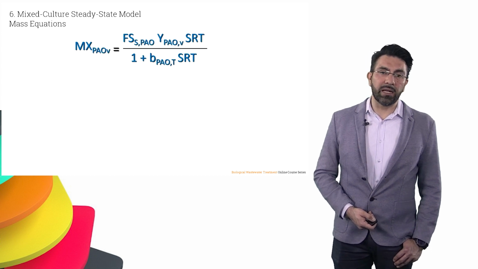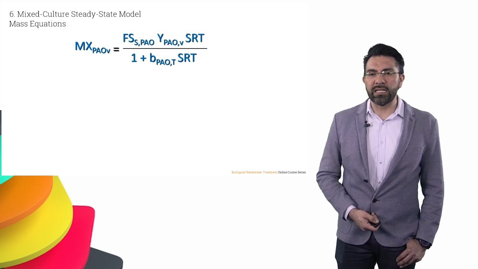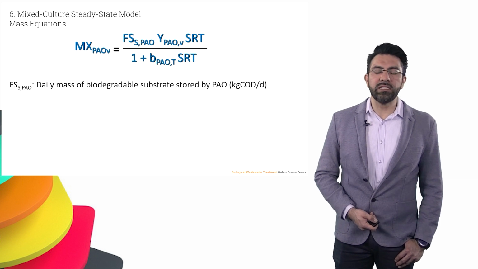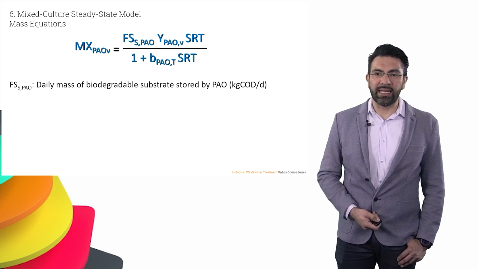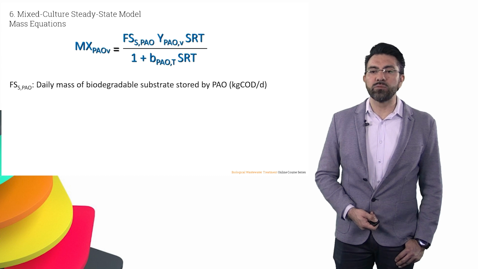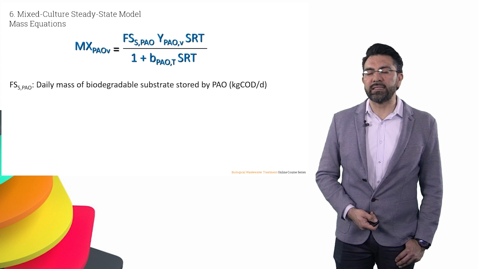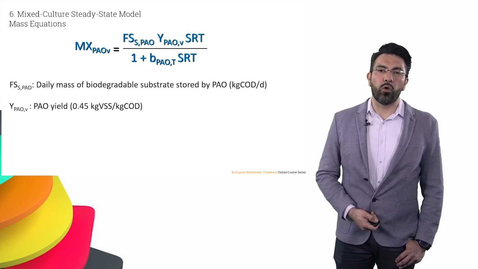Following the same or a similar approach, we can also estimate the mass of phosphorus accumulating organisms that will build up in the system. Important to notice that here it is essential to estimate what is the daily mass of biodegradable substrate that these organisms are going to store, because this daily mass is the one that is going to define the fraction or the yield of organisms produced in the system.